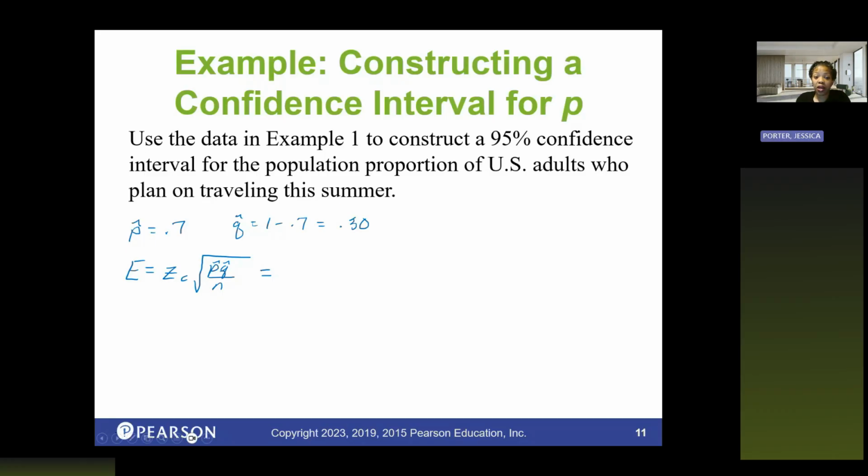So who remembers how we find the z critical value? We could look at a table. And one thing you can keep close to you is a list of common z critical values.